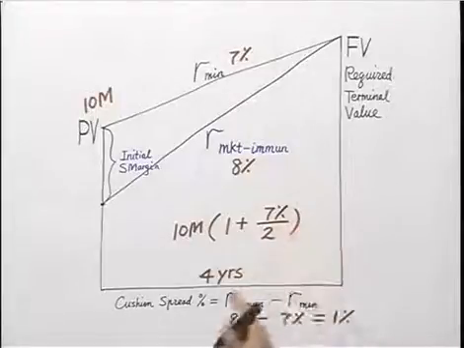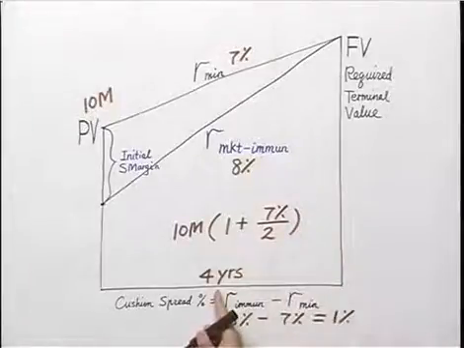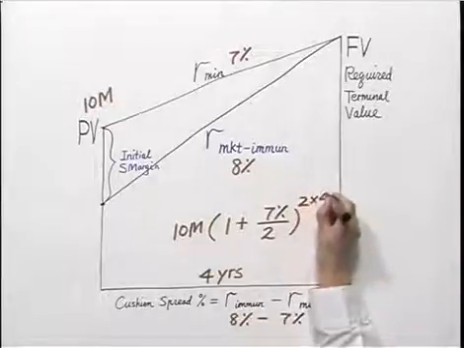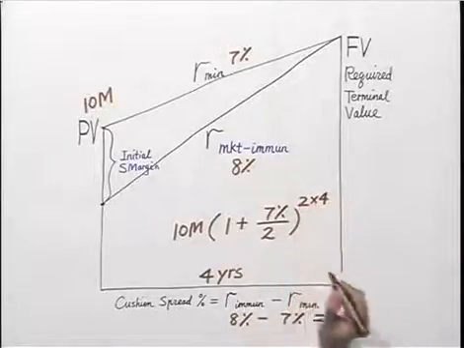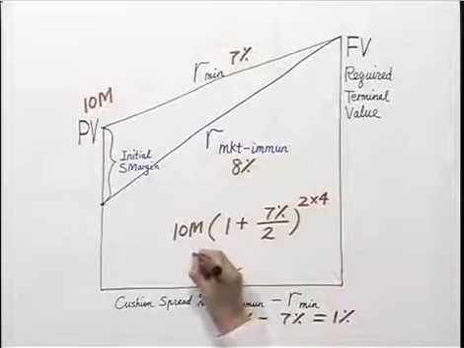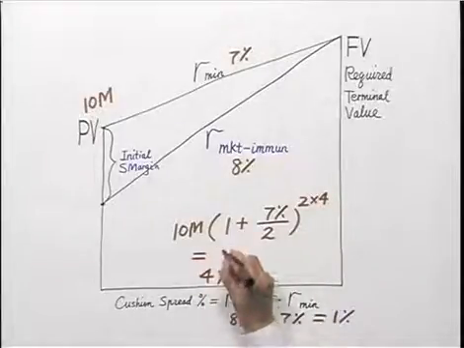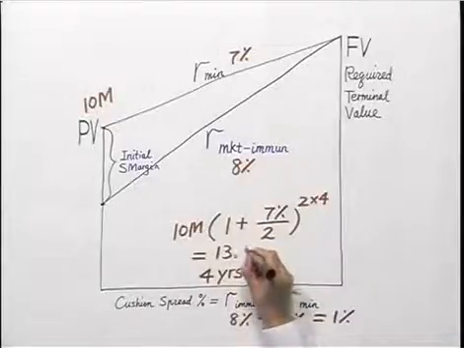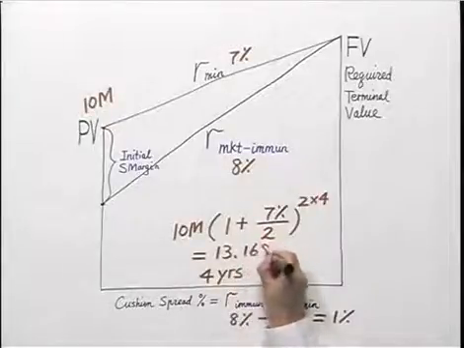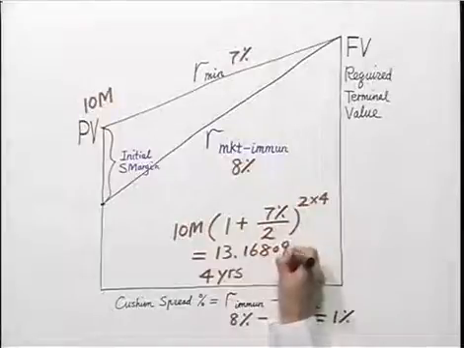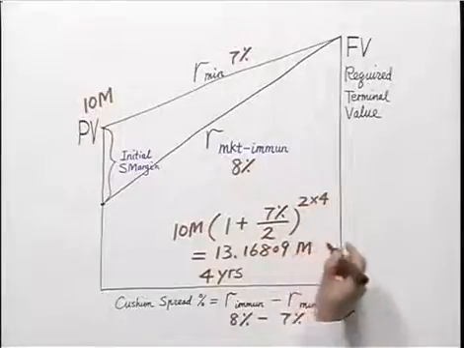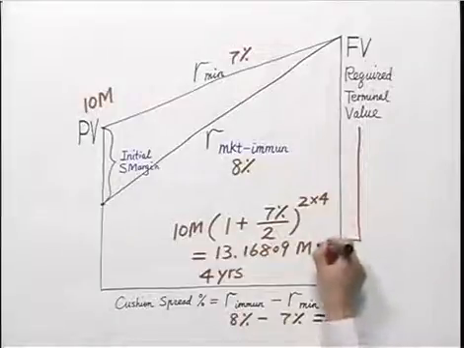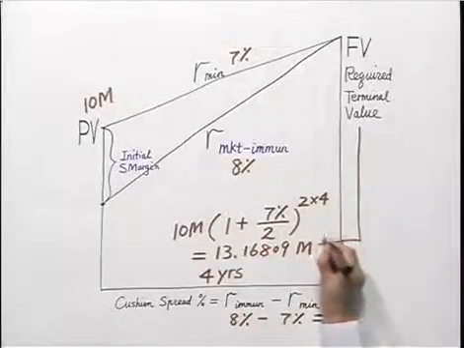Then we have 4 years in the time horizon, so 2 multiplied by 4, we compound that by 8 periods. We will be able to get our future value. That's 13.16809 million. That would be our future value, the required terminal value.